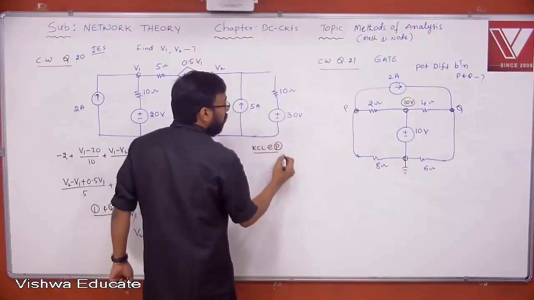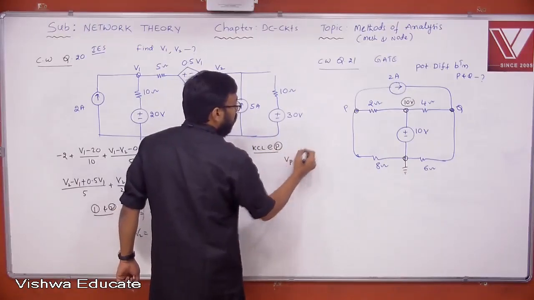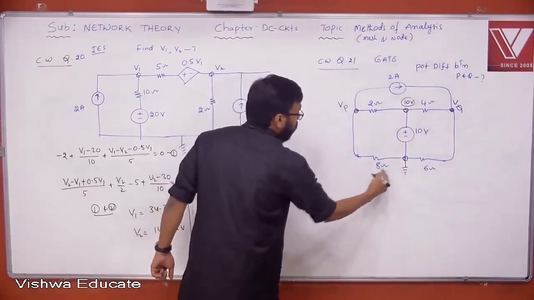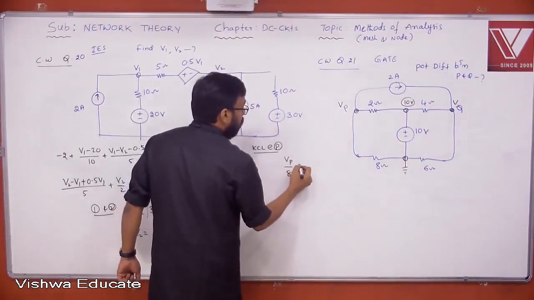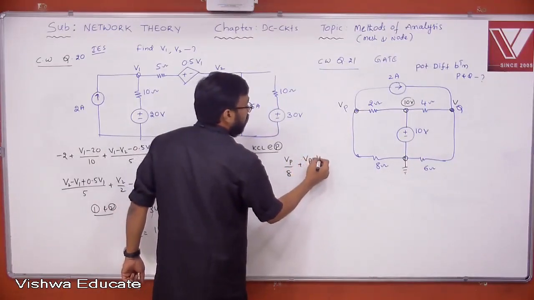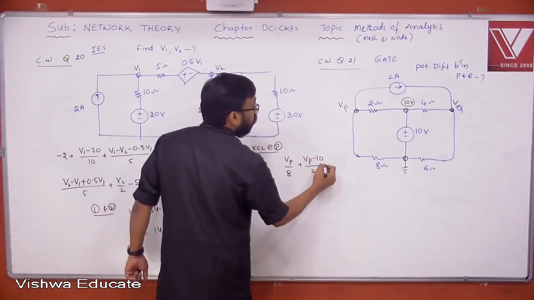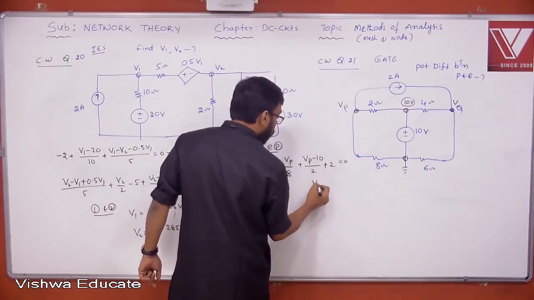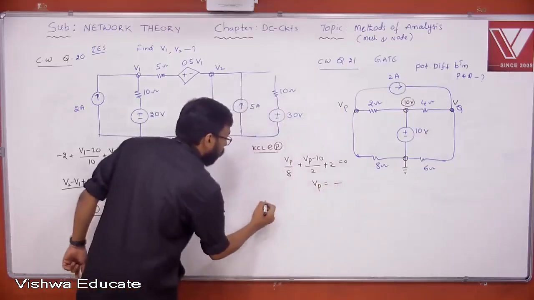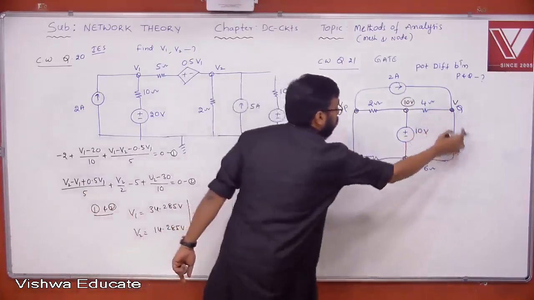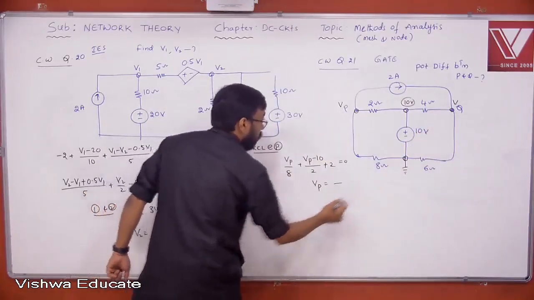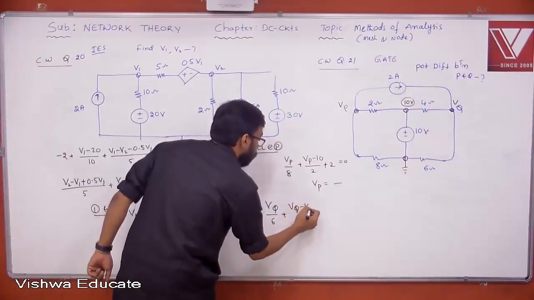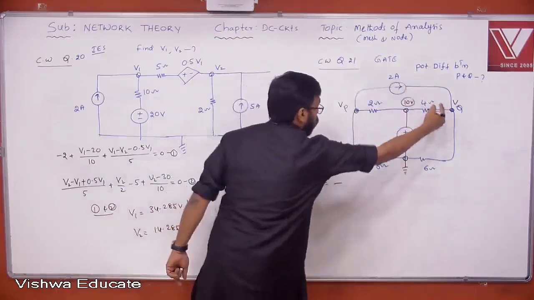If you apply it, this is VP and VQ. At node P: (VP minus 0) by 8, VP by 8, plus (VP minus 10) by 2, plus 2 ampere is equal to 0. From this you get the VP value. At node Q: VQ by 6 plus (VQ minus 10) by 4 minus 2 equals 0.